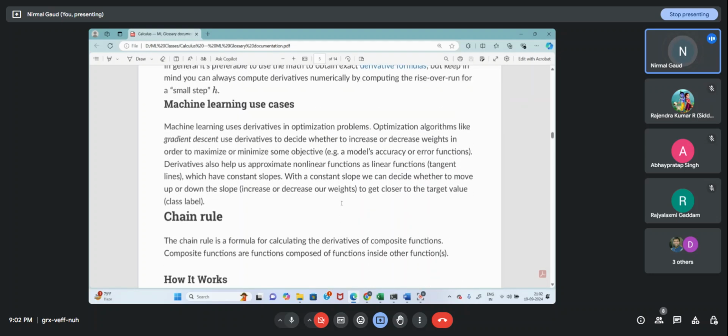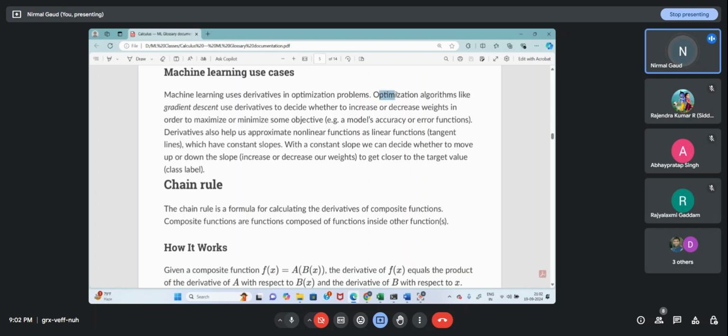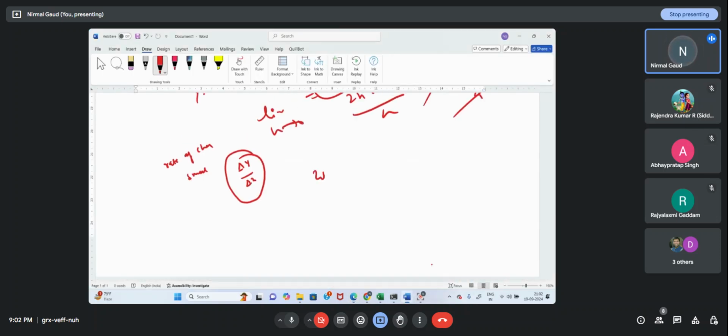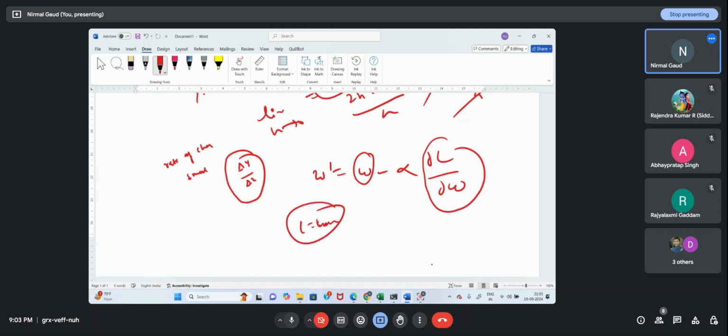Now, machine learning use cases where we are going to use differentiation. I already told you, in optimization algorithms like gradient descent, where we look for increase or decrease in the weights. One equation I have already mentioned: w dash is equal to w minus alpha del L by del W. Here W is the older weight, del L by del W is the gradient, and L is the loss or error.